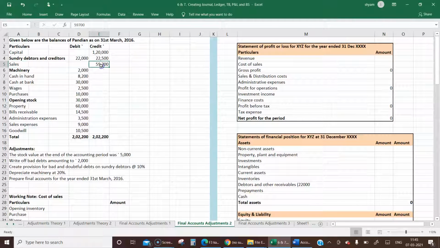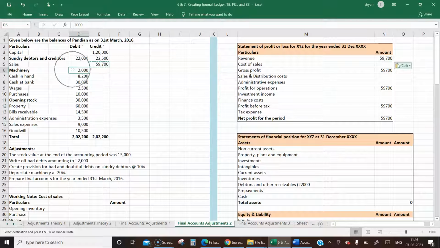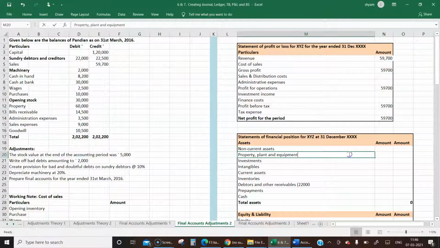Sales is 59,700. So we'll take it as revenue. Machinery is 2,000, and we have a depreciation for it. So machinery, we'll take it here. Machinery we have 2,000. And we have a depreciation there.